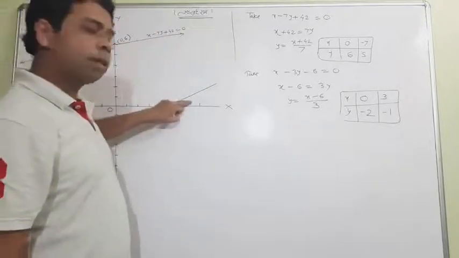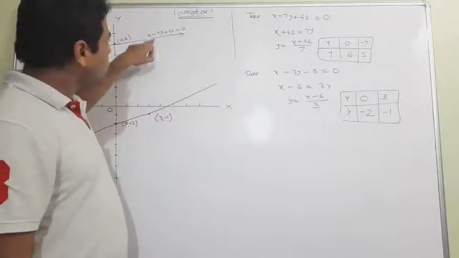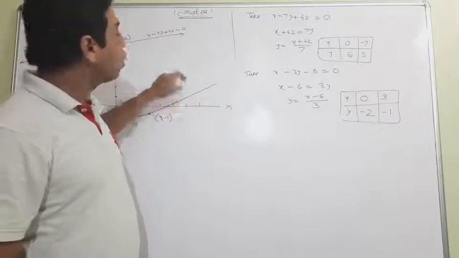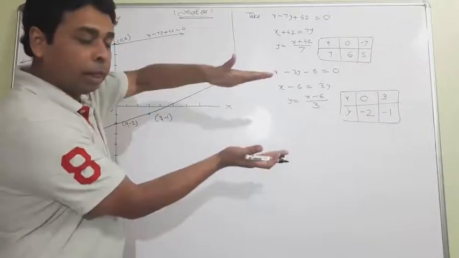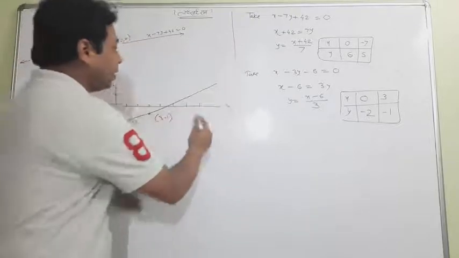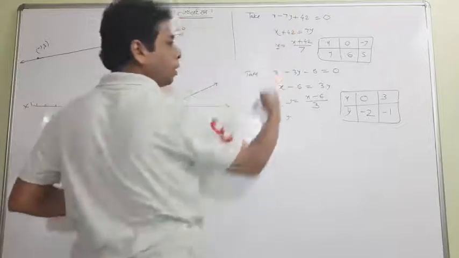These two lines can meet at one point, or these two lines cannot meet, like when they are parallel. When these two lines are not parallel, definitely they will meet. If you extend the lines, they will meet at a point.